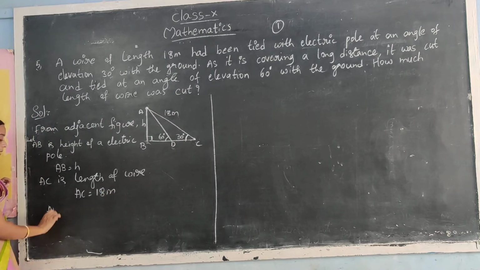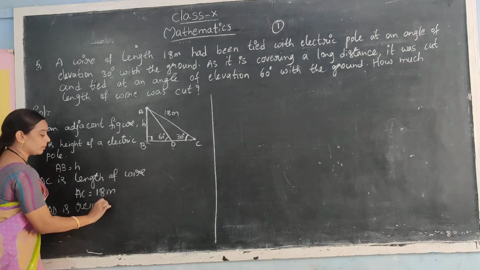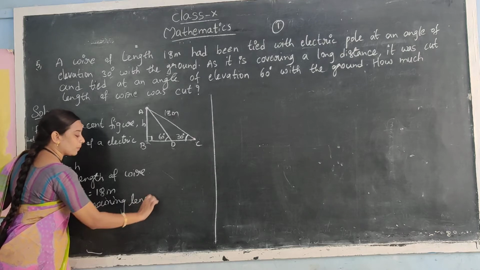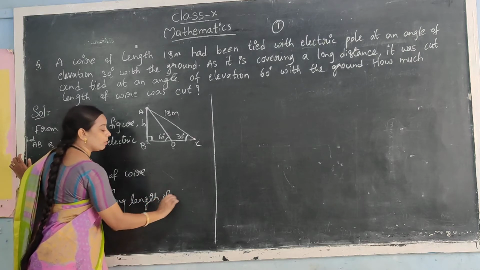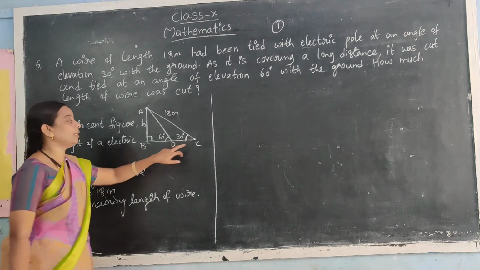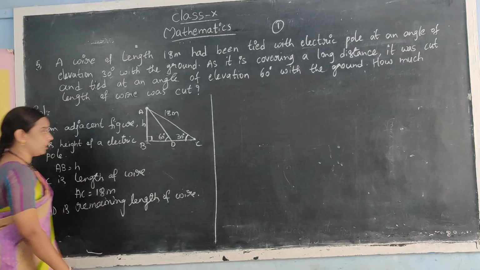Now AD is the remaining length of the wire. At C and D, angles of elevation are formed, that is 30 and 60 degrees.